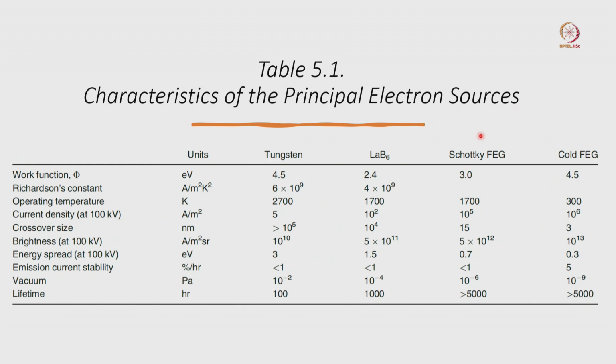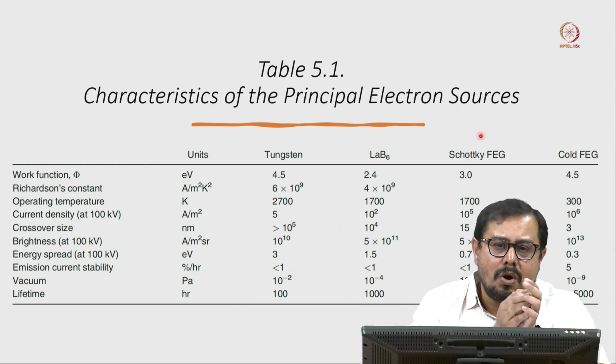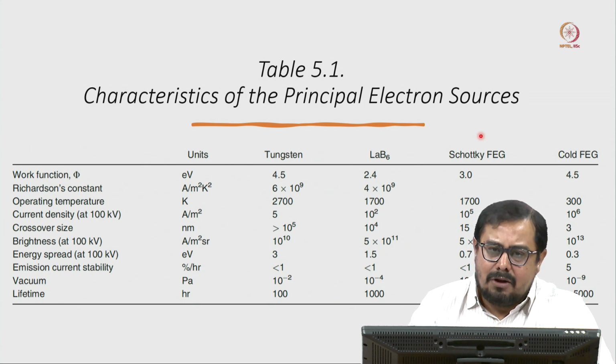A field emission gun is very important when we do cryo-electron microscopy. Why is it so important? Because in cryo-electron microscopy we are not using any kind of staining solution.